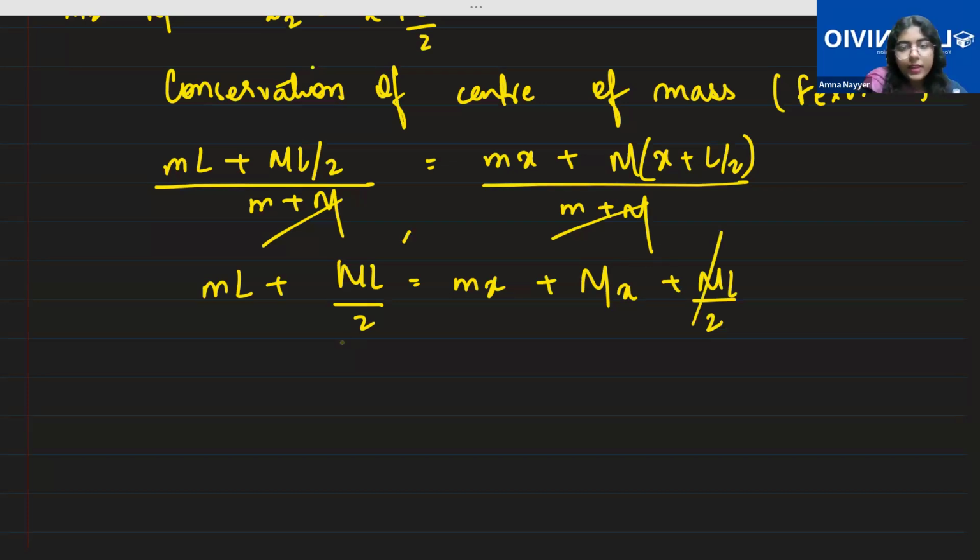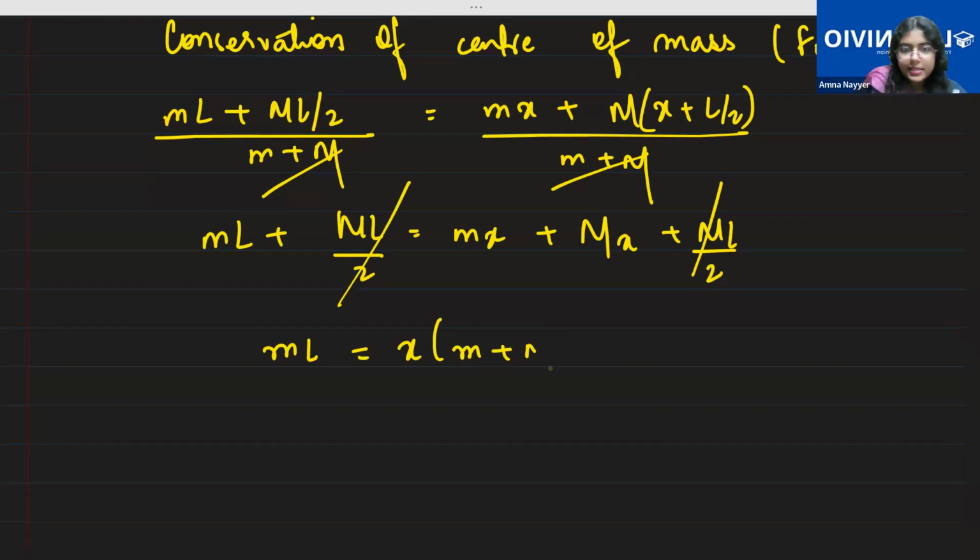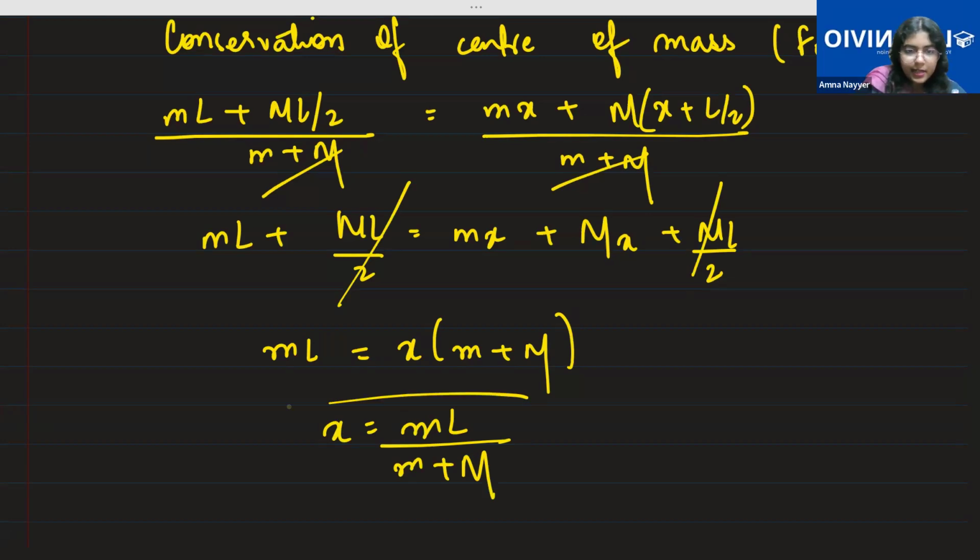So ML by 2 will be cancelled, right? So we actually have to find out x, right? So for x, let's take common small m plus capital M. So x is equal to ML over small m plus capital M. Can we not cancel both the small m's, because they're on both sides?